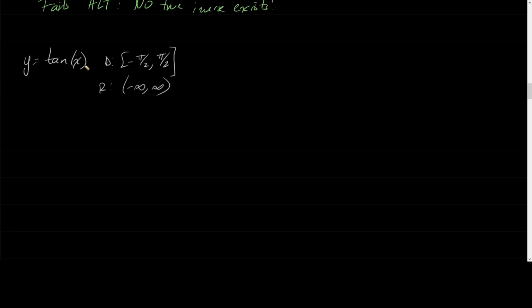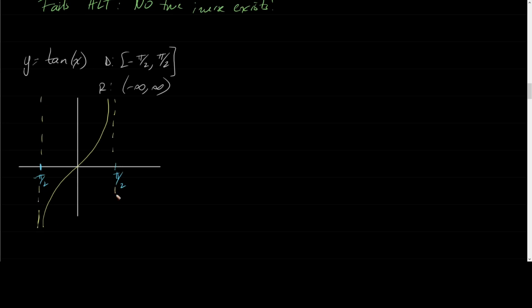And tan restricted looks like this. We've got our vertical asymptotes at negative pi over 2 and positive pi over 2, and it is just this piece, right?